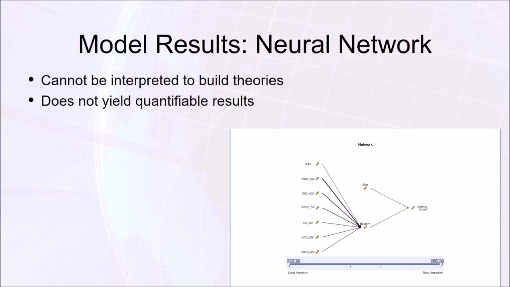However, as you can see with the neural network, we don't arrive at any quantifiable result here. So when we compare this model to linear regression, regression has the upper hand because it provided us with an equation that we could use to predict future values. The neural network simply tells us which explanatory variables are most impactful towards the target variable, asthma diagnoses count.